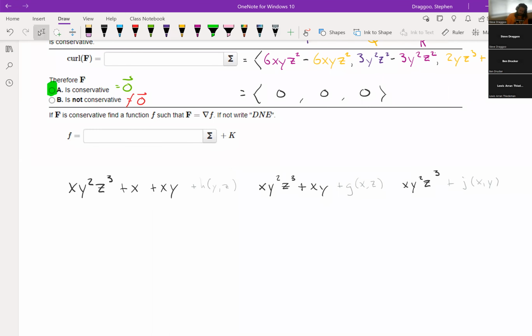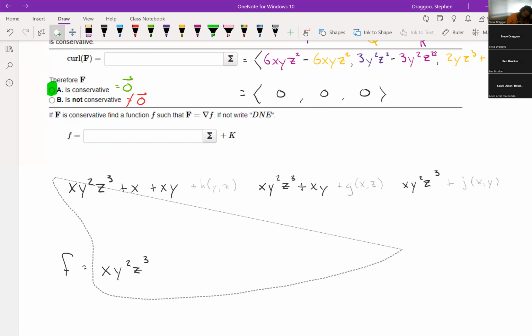Which means I'm going to look through those functions and every unique term gets put into f. So our function f should be, well, we'll start with xy squared z cubed, because that term appears in all 3 of our integration terms.